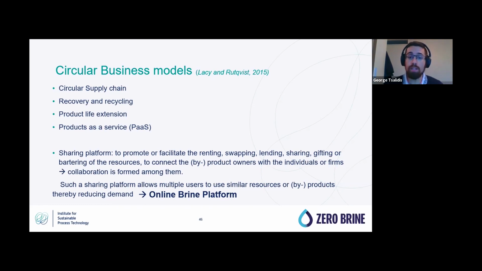The second is whether you are interested in registering these characteristics of your own brine streams in the online platform. Similarly, whether you are interested in registering quality characteristics of minerals employed at your facilities on the online BRINE platform.